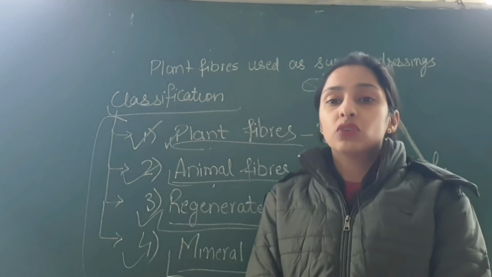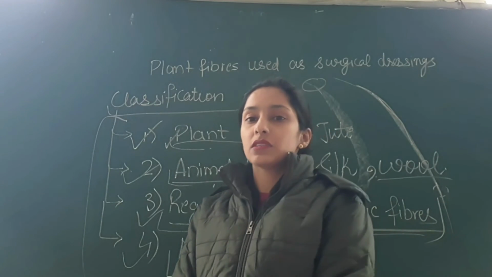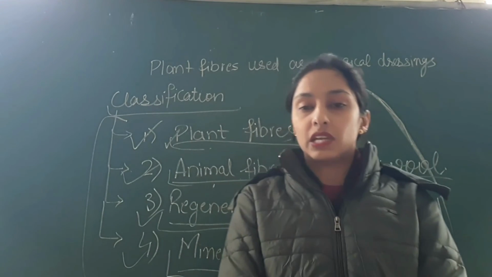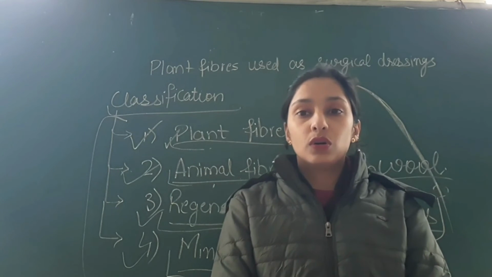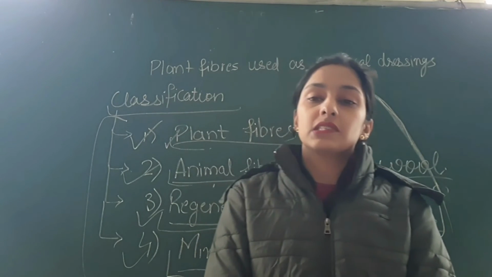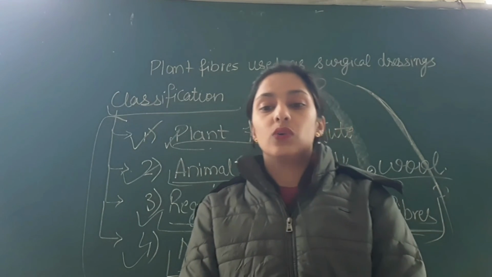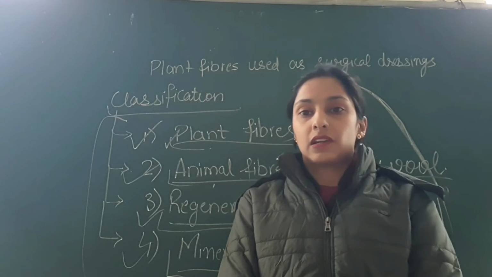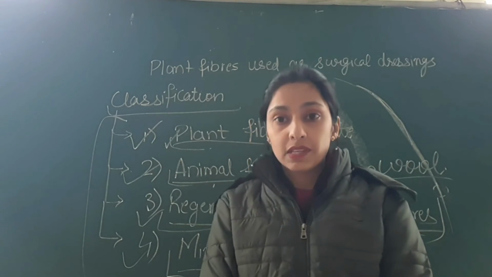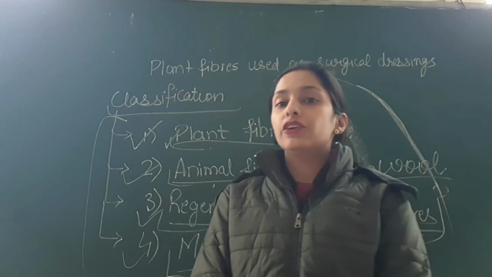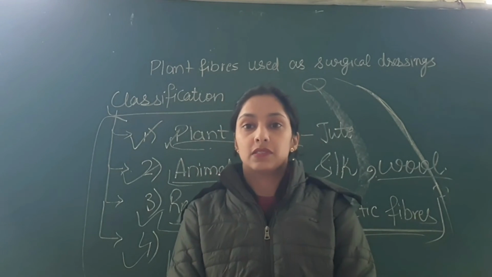Some are used for insulation, some for filtering medium, straining medium, or weaving clothes. Some fibers are used in surgical dressings, lint, gauze, ligatures, etc. So these fibers are very important and mainly used for our surgical purposes.